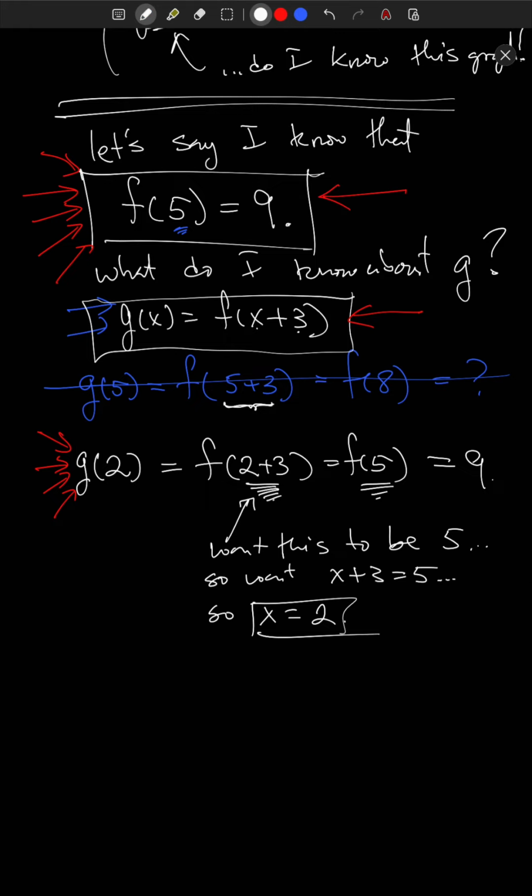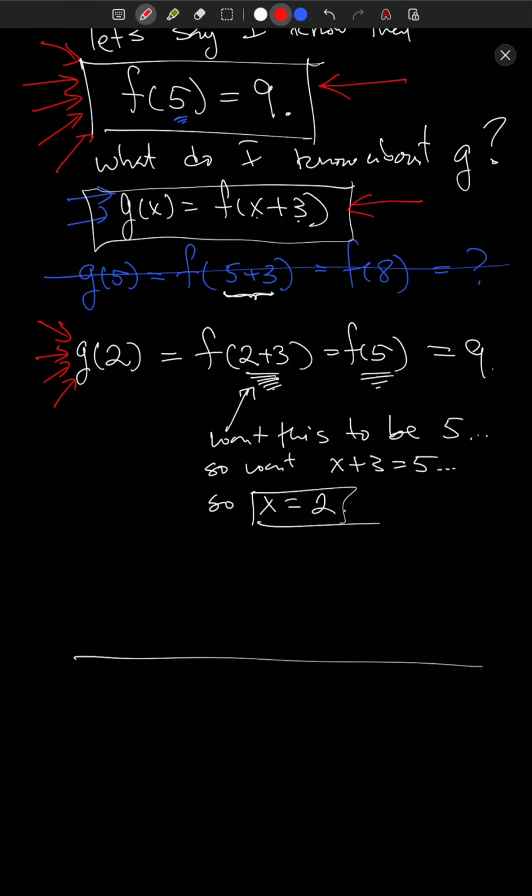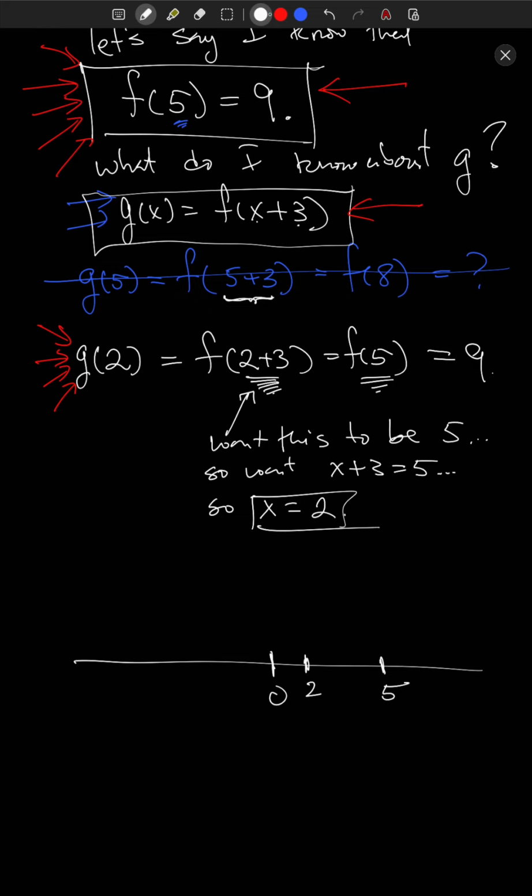All right, now let me look at the visual version of this. F of 5, let me use red for f. So here's 0. Let's say here's 5. I'm going to be interested in 2 as well. So f of 5 is equal to 9, so that point right there is 9.